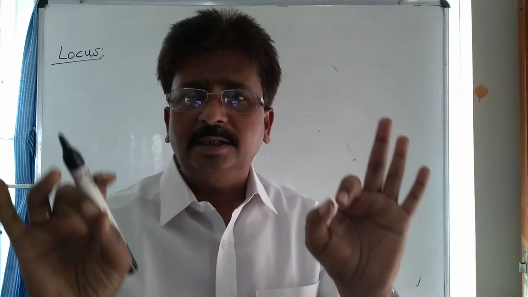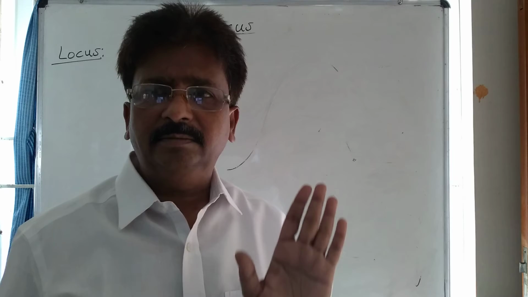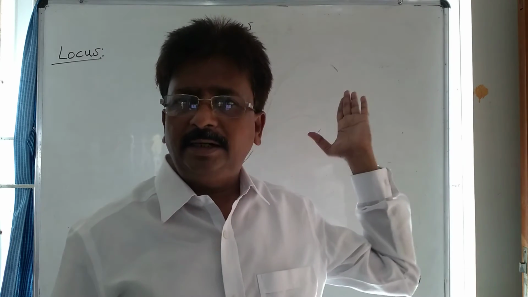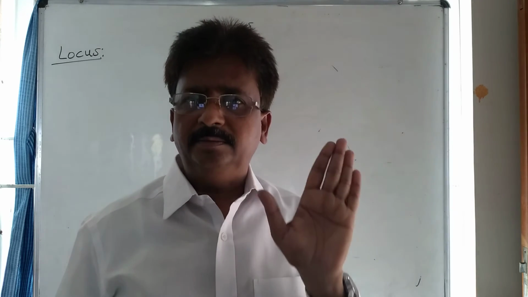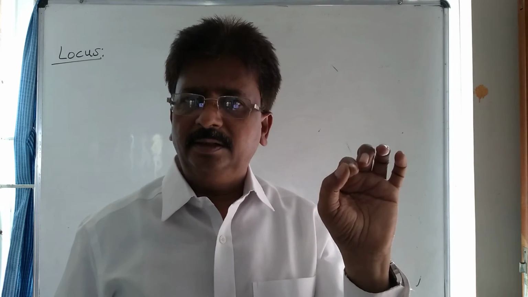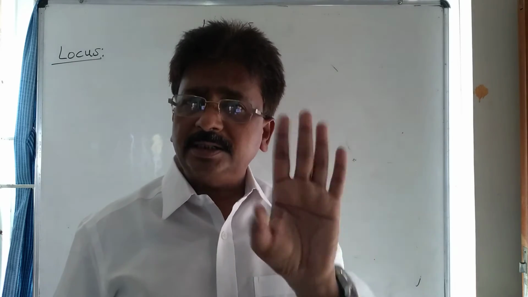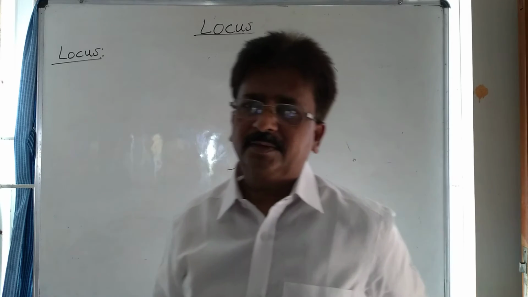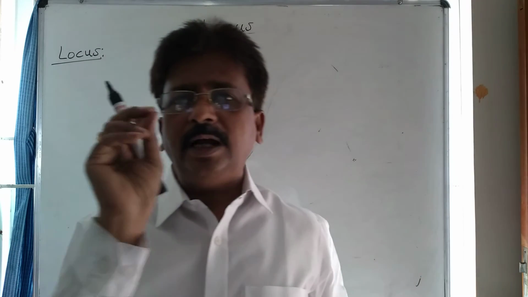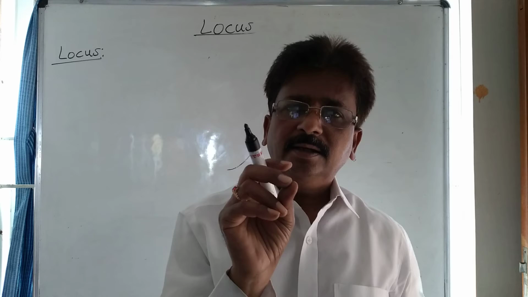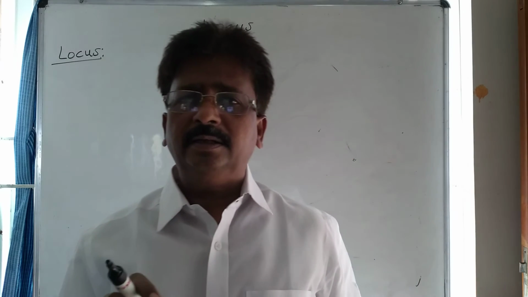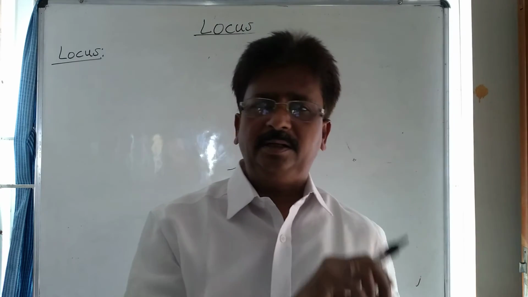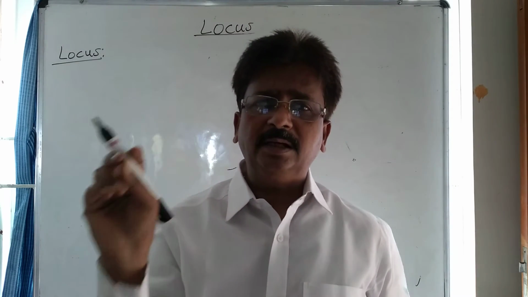So I will clearly state the definition. Locus is a collection of points on the plane. Our discussion is about plane geometry, therefore I am defining it on the plane. But one condition: those points should satisfy a geometrical or graphical property.